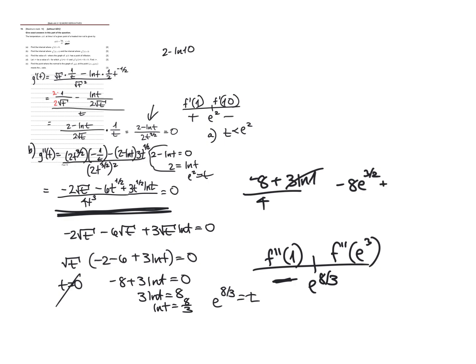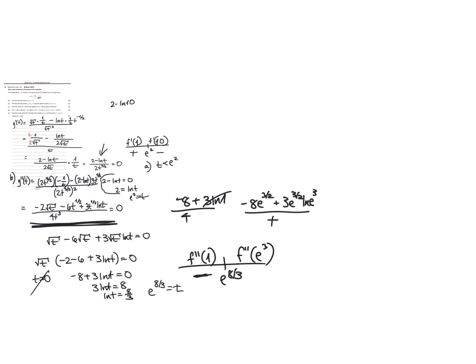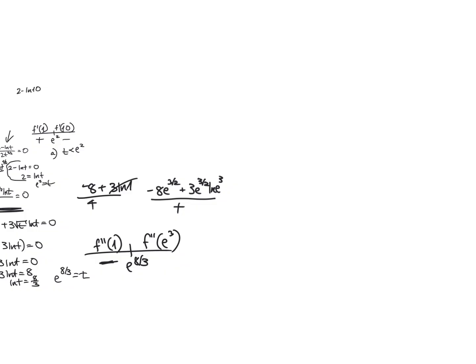And then plus 3e to the 3/2, natural log e to the 3rd. And then this is over, this will be a positive number, whatever it is. Okay? So here, this is going to be -8e to the 3/2. This is 3, so plus 9e to the 3/2 over a positive number. So this is going to be a positive here.